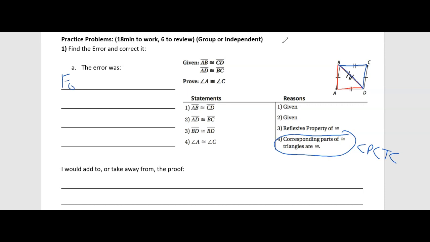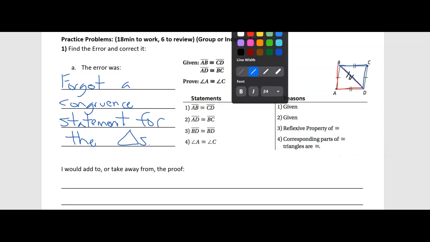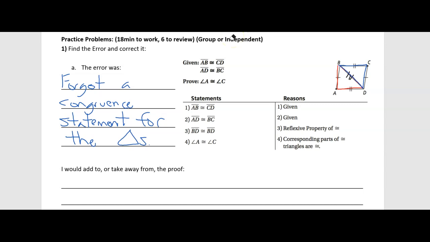So we can say they forgot a congruence statement for the triangles. So I need to insert something right here. And I need a triangle congruence statement before I use CPCTC.